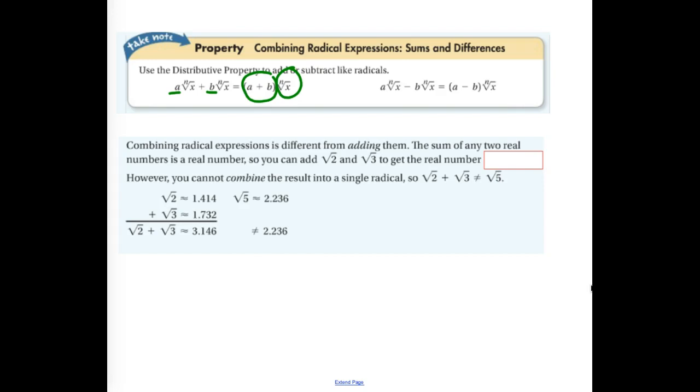What is wrong to do is to actually add those radicands. The 2 and 3 we cannot put together and say that's the square root of 5. All right, and we're showing you that here. We do not get the same decimal out. Okay, so I can add a square root of 3 and a square root of 2 and get an approximate answer as a decimal, but I can't combine them into one piece. Does that make sense? Okay.